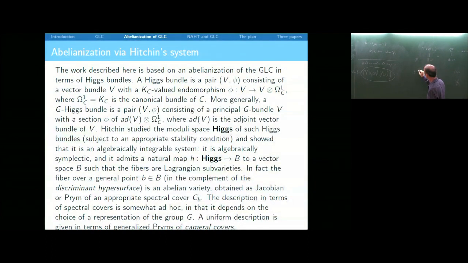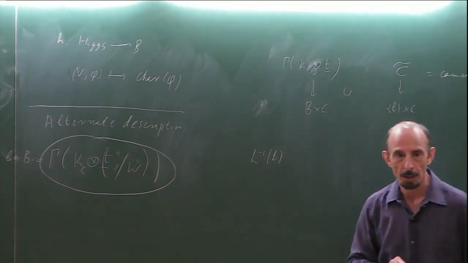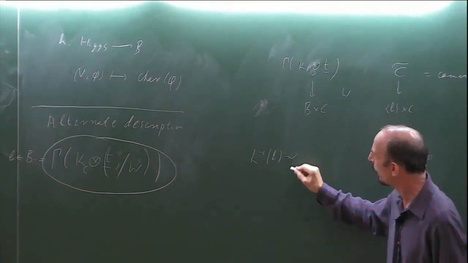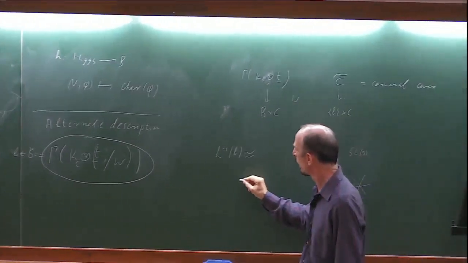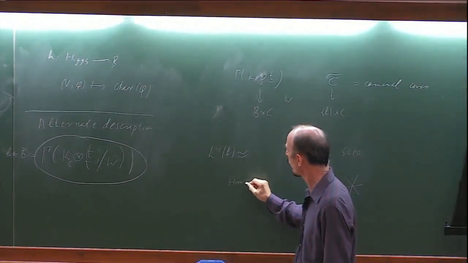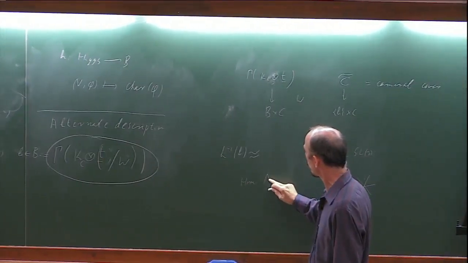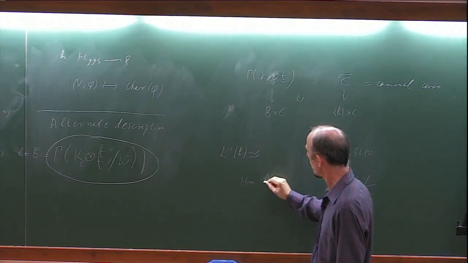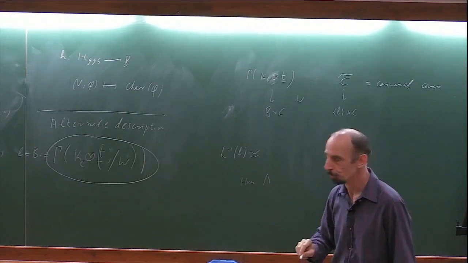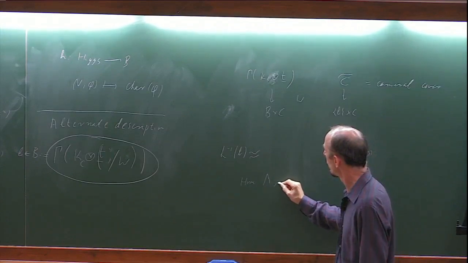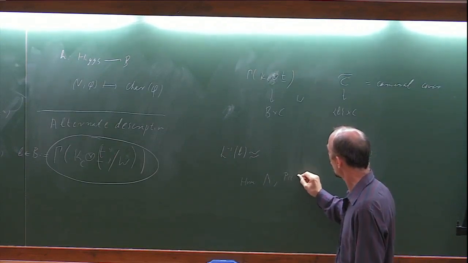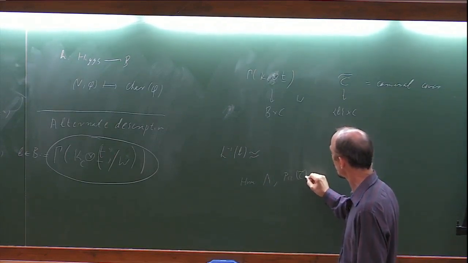So H inverse of a point B is going to be roughly, you take homomorphisms from lambda, which is the character lattice of your group, to the Picard of C tilde.